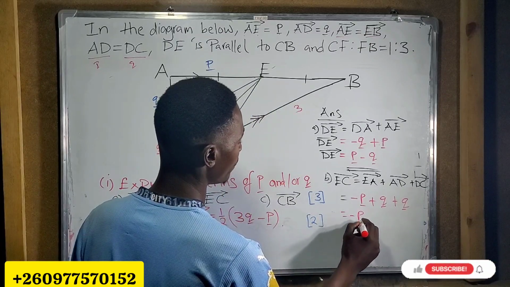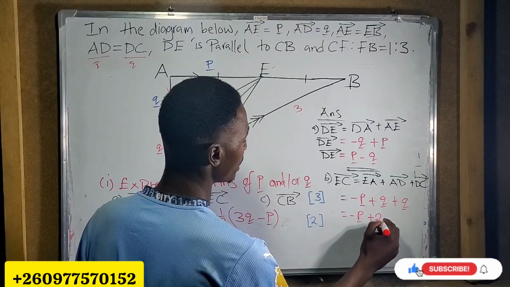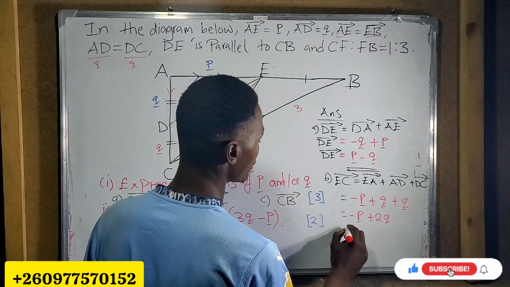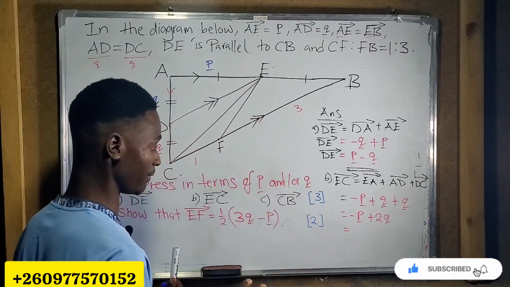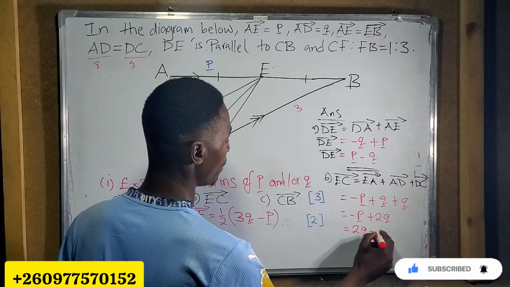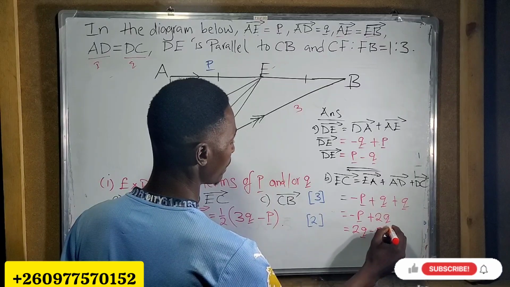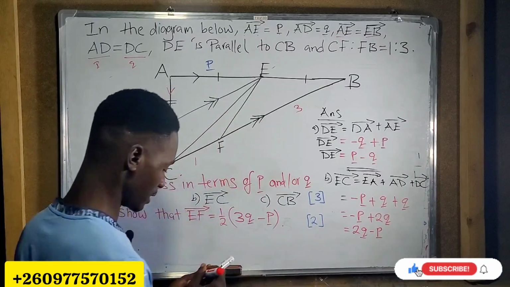So we have P there. Q plus Q is 2Q. And always start with a positive vector. So we're going to write 2Q minus vector P. Don't forget to write vectors.